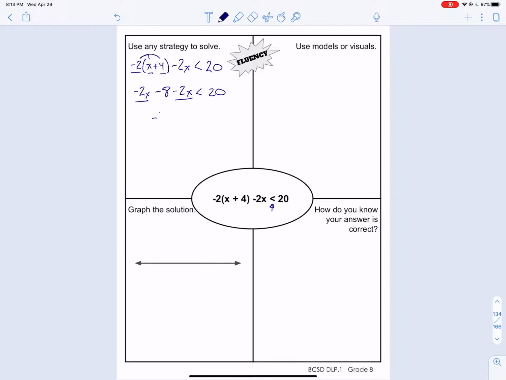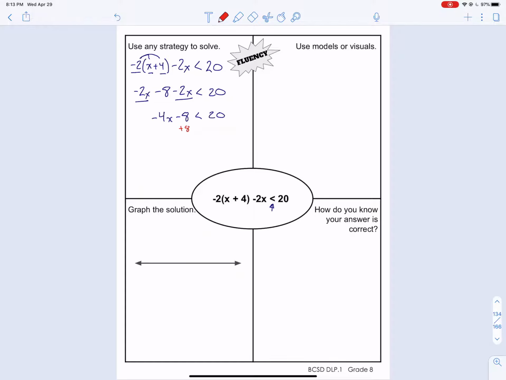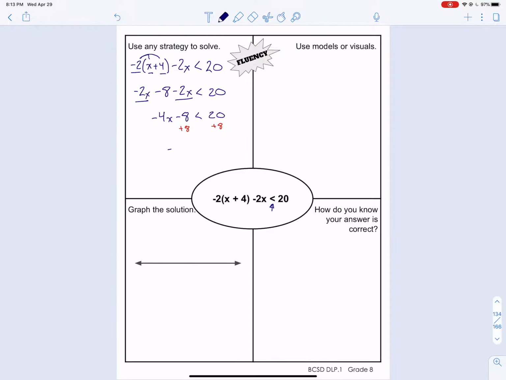So we have -4x minus 8 is less than 20. And then just like when we solve equations, we want to get rid of everything on the same side of the x so that we can isolate the variable. So that leaves -4x is less than 28.